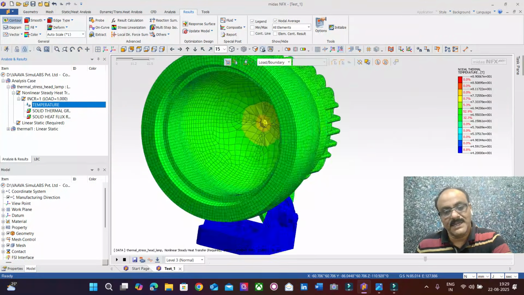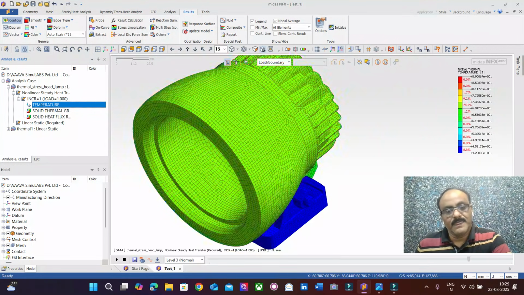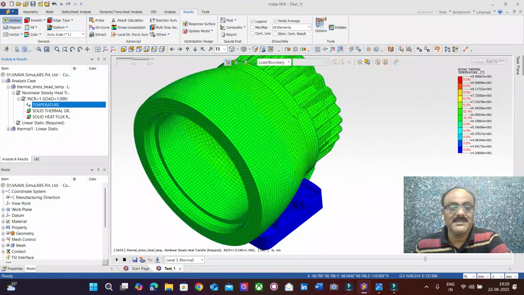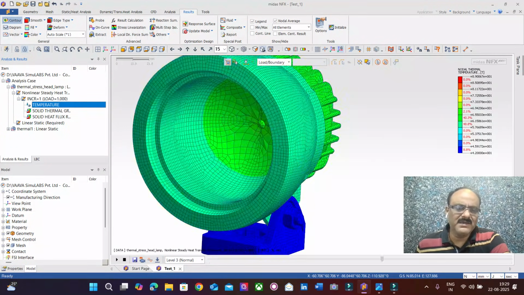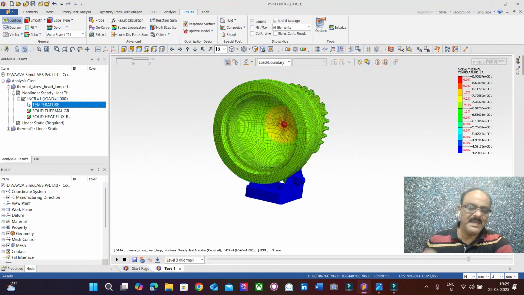By the time it comes to the outer surface, the projector outer surface, the temperatures are going to be in the range of say 65, 70, etc.